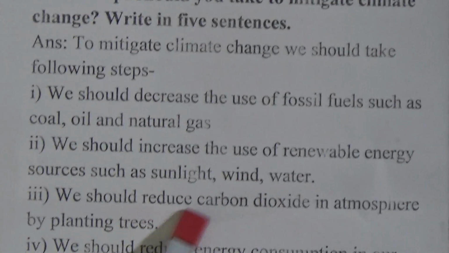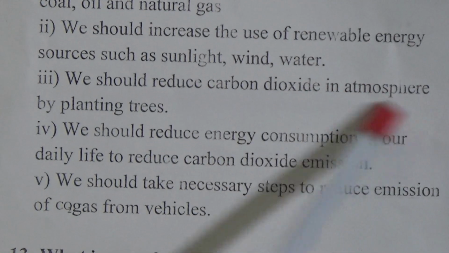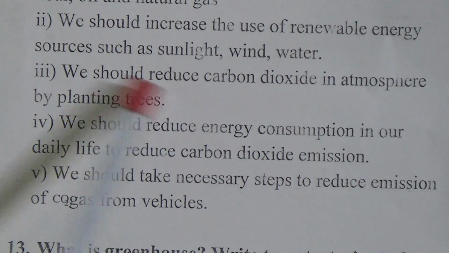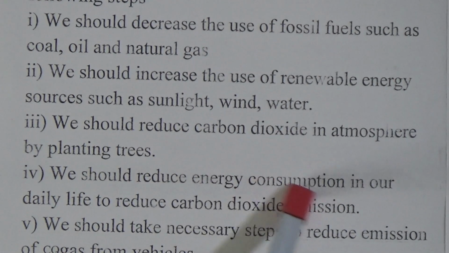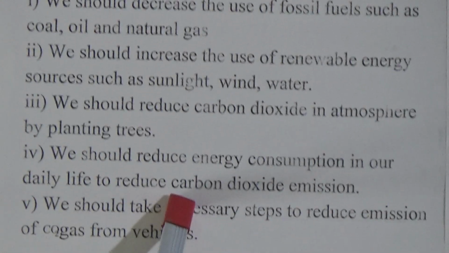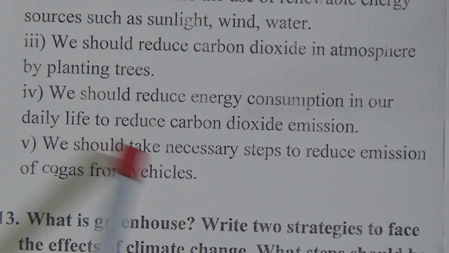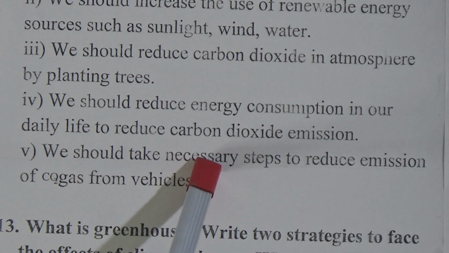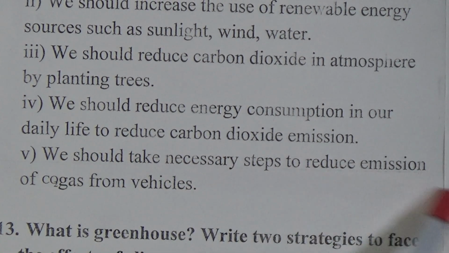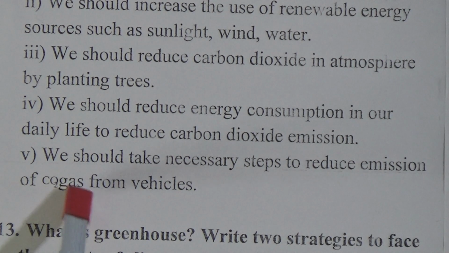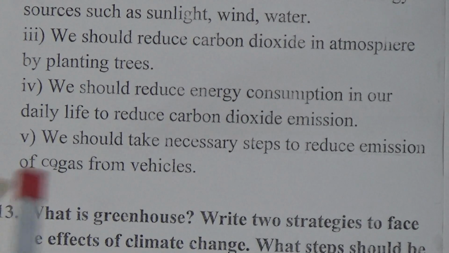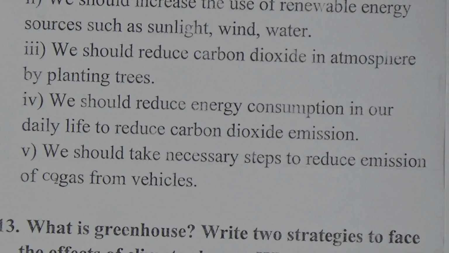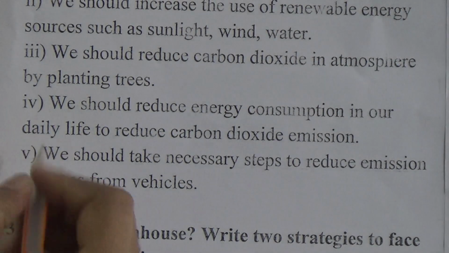Third one, we should reduce carbon dioxide in atmosphere by planting trees. Fourth one, we should reduce energy consumption in our daily life to reduce carbon dioxide emission. And last one, we should take necessary steps to reduce emission of gas from vehicles. Dear students, that will be carbon dioxide, CO2.